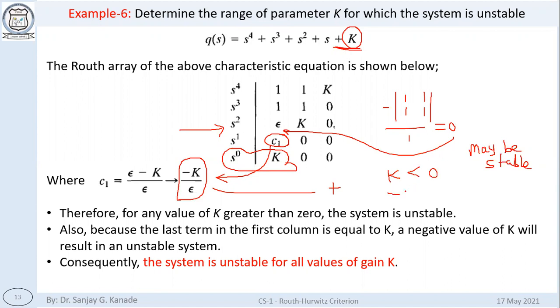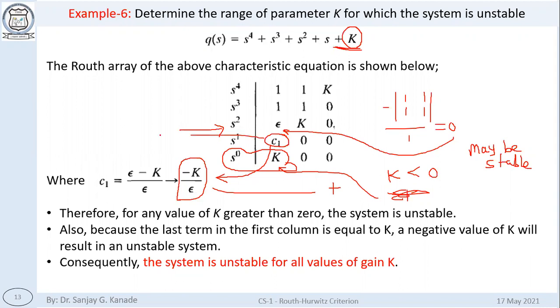If k is less than 0, it means k is negative. So if k is negative, this row will have first element as a negative number, and in that case the system will again be unstable, right?